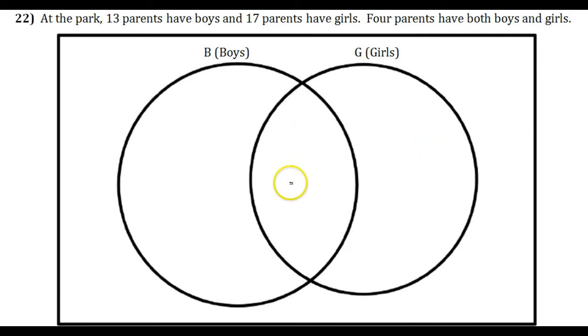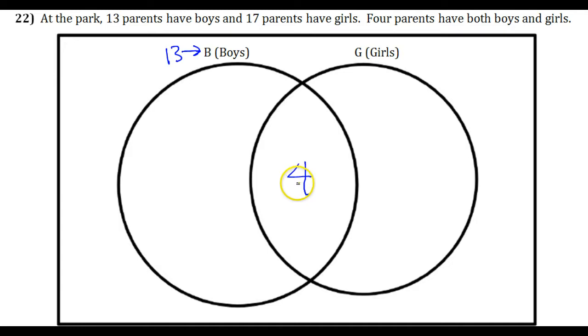So the overlapping part here, these will be the parents that have boys and girls. So there are 4 of those. So I'm just going to put a 4 in here to represent those parents. Now, it says that 13 parents have boys. So that means the total number of parents in the boys circle should be 13.